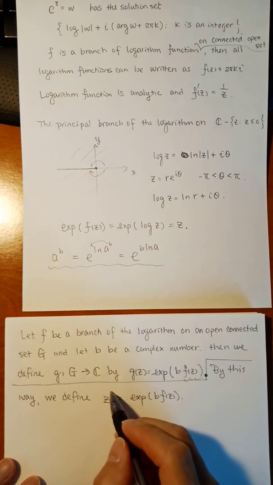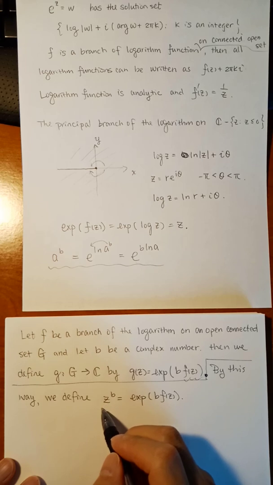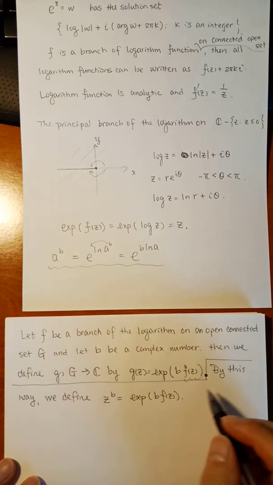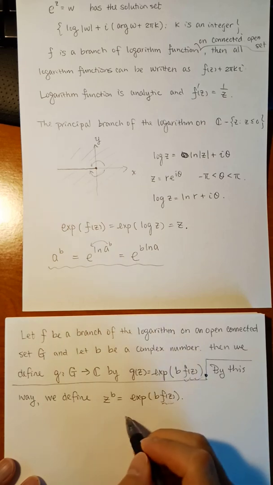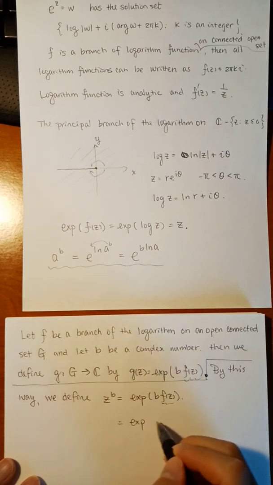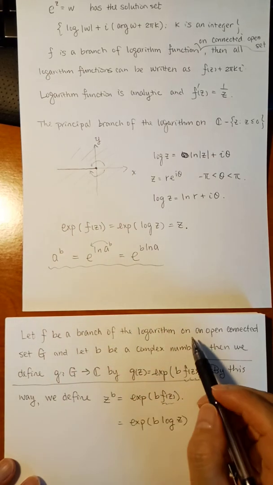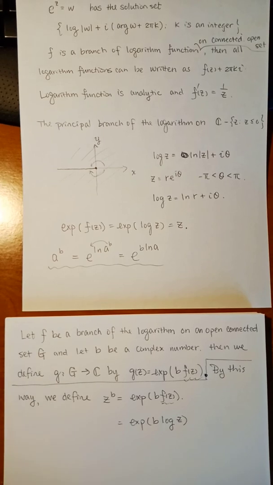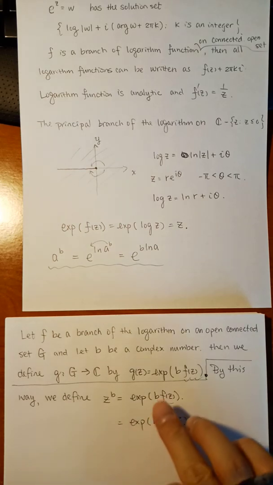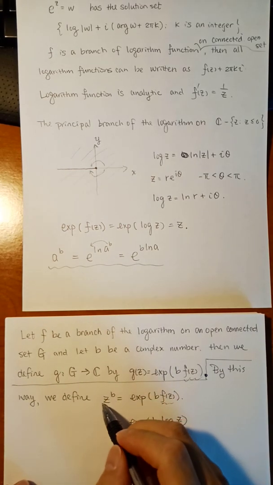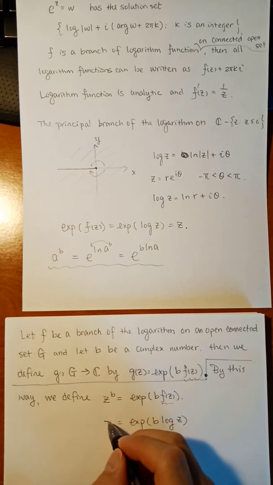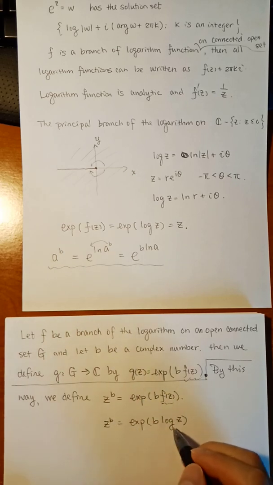But if we want to write z to b, we want to make sure we choose the principal logarithm. Okay, so this is the general definition. It can be used to define the general branch of the general power function. But once we write it in the special symbol, we want to choose the principal branch.